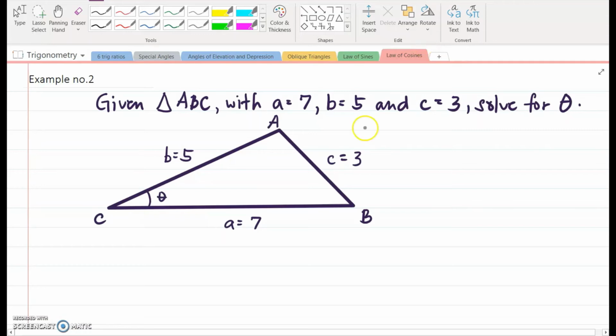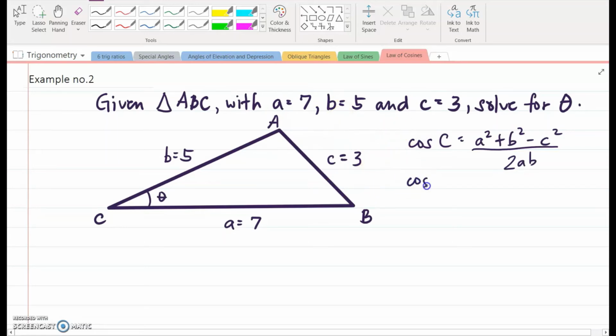So if you're going to write the formula, we have cosine C is equal to a squared plus b squared minus c squared all over 2ab. So you will notice that the included sides of angle C are side b, which is 5, and side a, which is 7, minus the opposite of angle C.